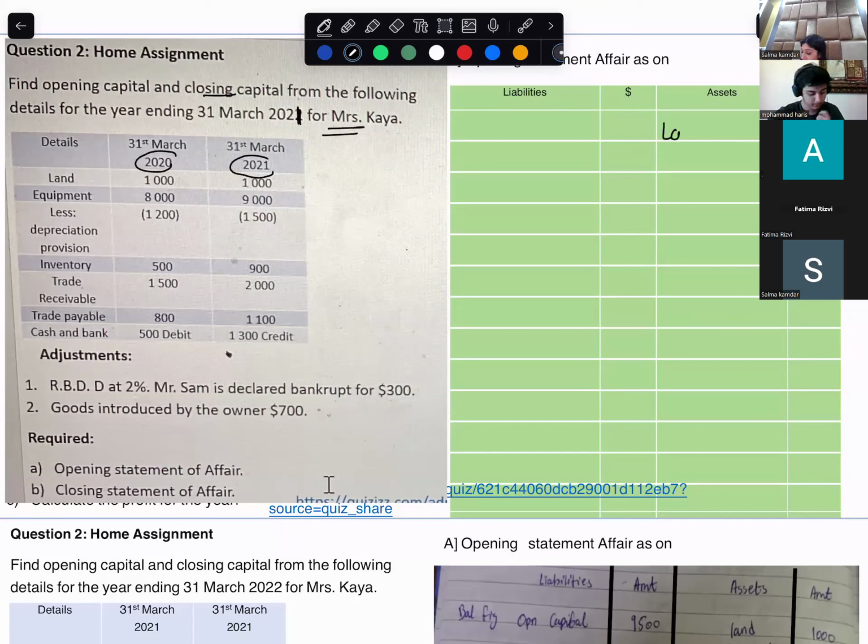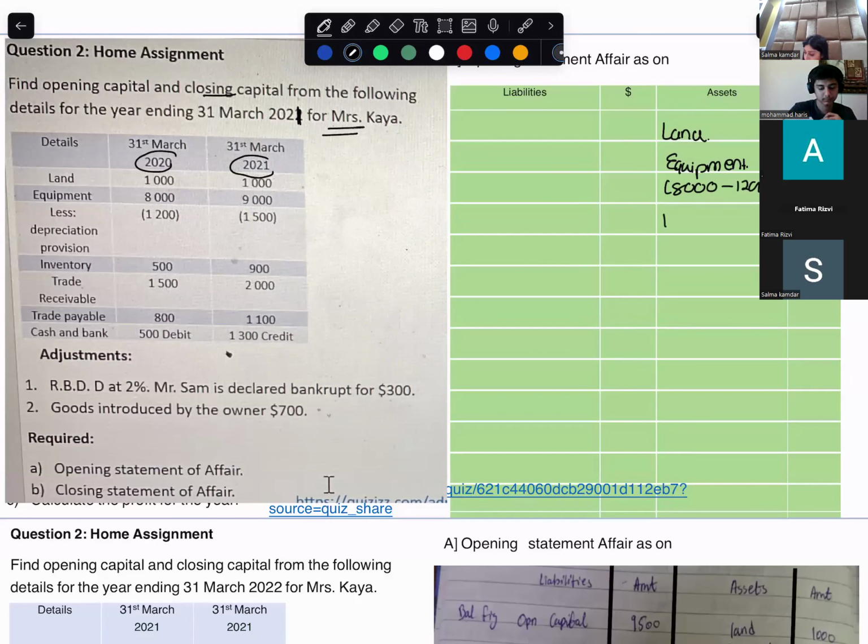Tell me where will we write land. Equipment. How will I write equipment? Can you give me the totals, please? 68,100.